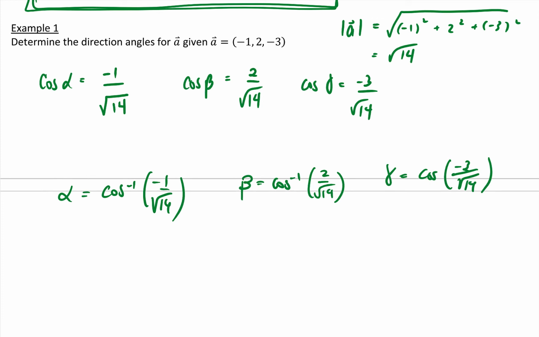Using your calculator, you should get alpha is approximately equal to 106 degrees, beta is approximately 58 degrees, and gamma is approximately 143 degrees. Notice the ratios with negative values will give you obtuse angles, and the ratios with positive values should give you acute angles.